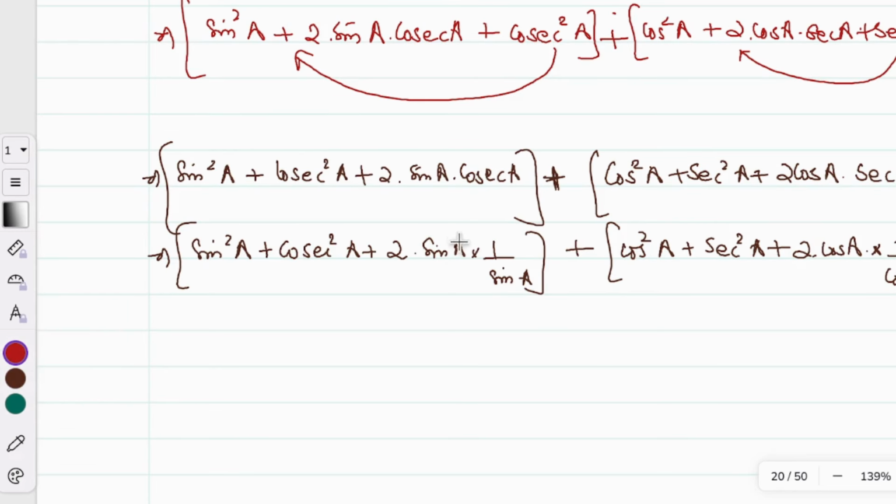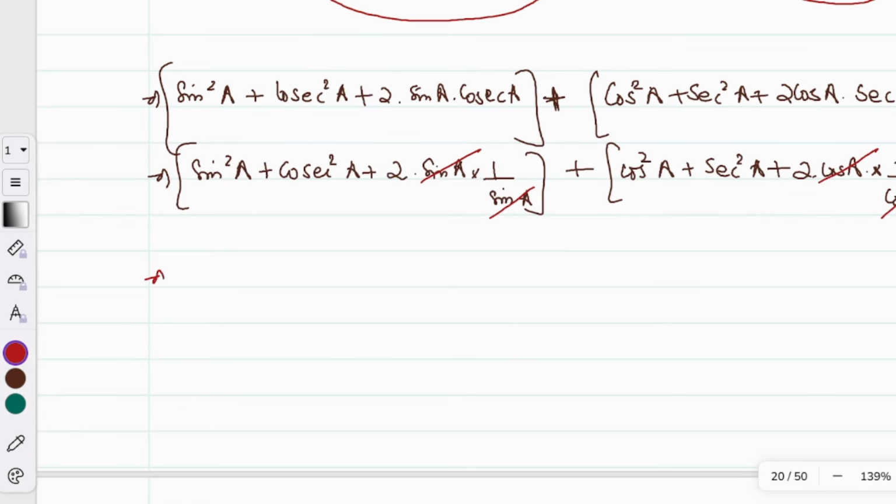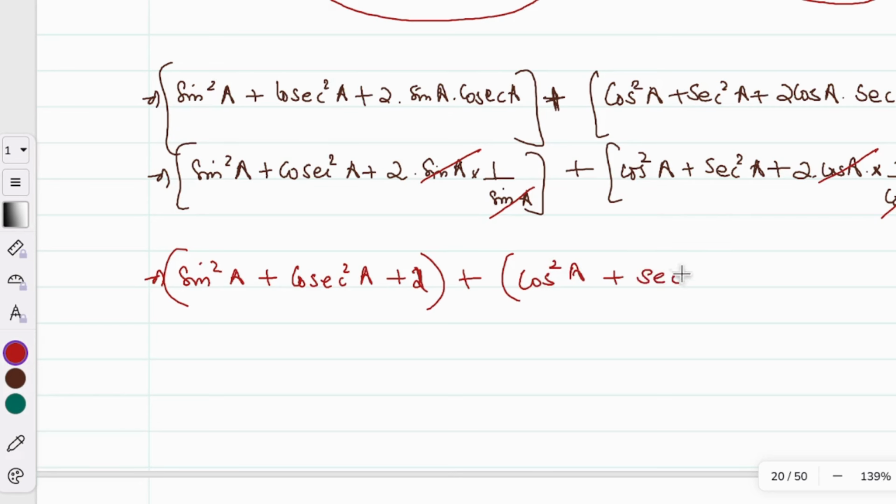So now this sin A and sin A we can cancel. This cos A and this cos A I can cancel them. So the new equation that I am getting here is sin square A plus cosec square A plus 1. Right? No, not 1, it is 2. Plus, similarly, I can write cos square A plus sec square A plus 2.